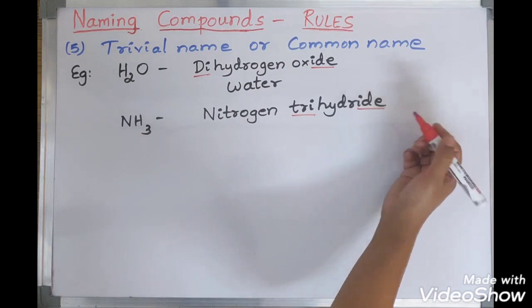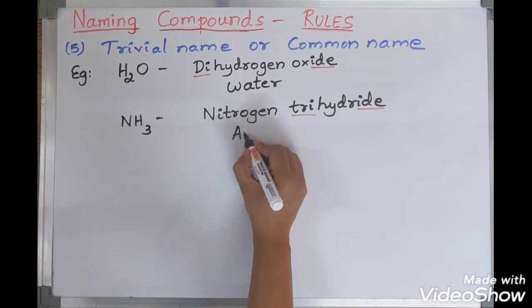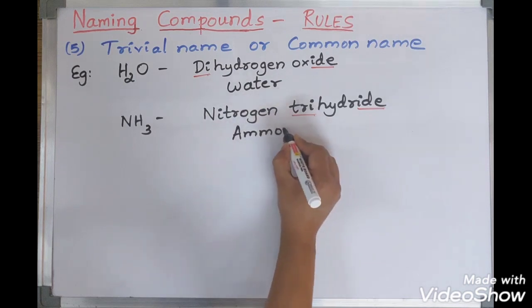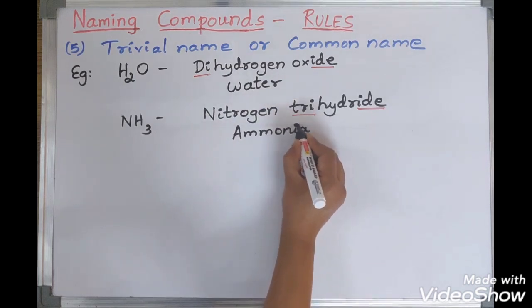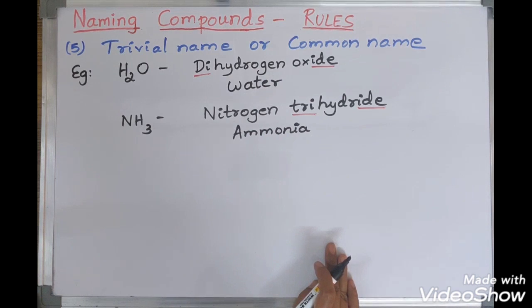But we do not say it as nitrogen trihydride. Instead, we use the common name, ammonia. So there are certain compounds wherein the common name is used, and these 2 compounds are examples where we use common names.